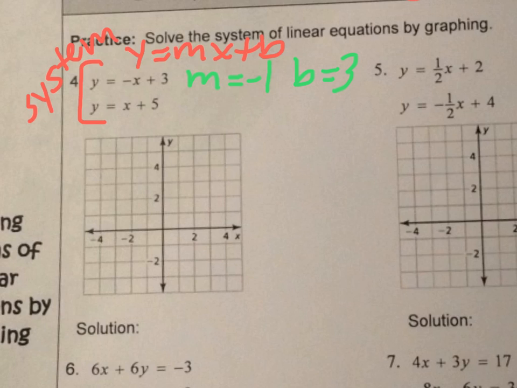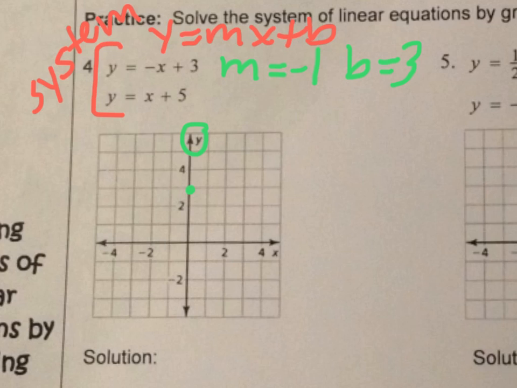Alright, let's go ahead and graph this one. Again, we begin with b, which is the y-intercept. So we go to the y-axis and we plot a point at positive 3. Now we must move with the slope, which is m. Remember, slope is a fraction because it's rise over run. If it's a whole number, like negative 1, to make it a fraction we put it over 1.